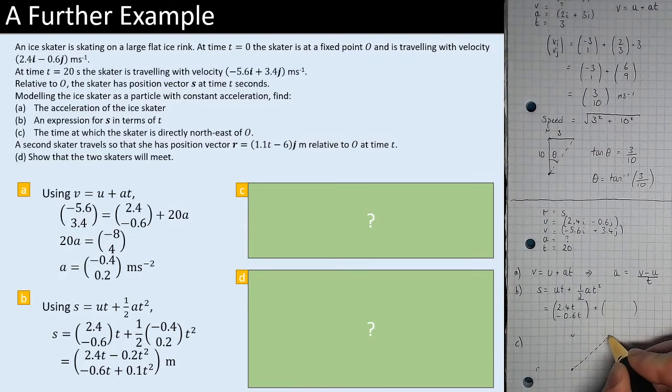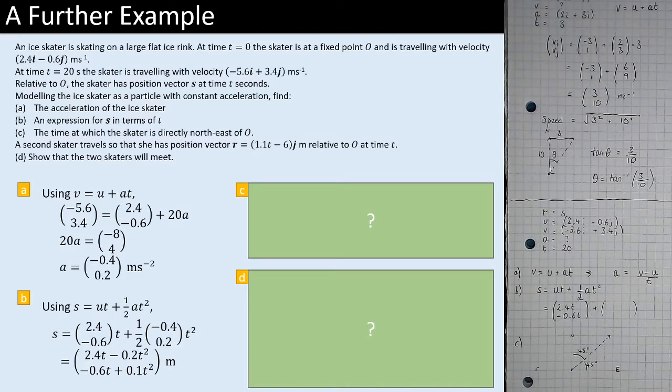So directly northeast, that means that we're going to have an angle of 45 degrees on both sides. So you might want to have a think about now, what would we need to get an angle of 45 degrees?